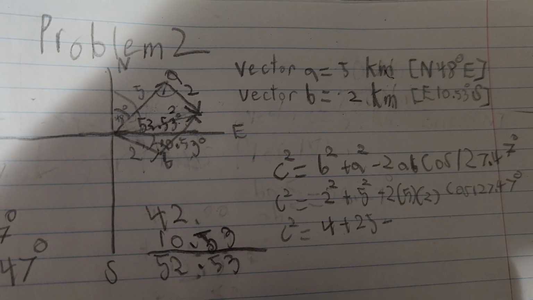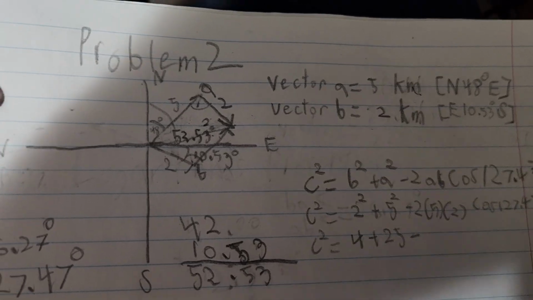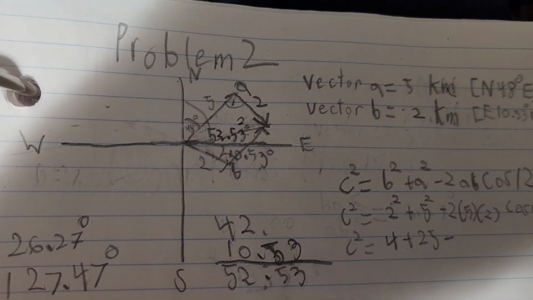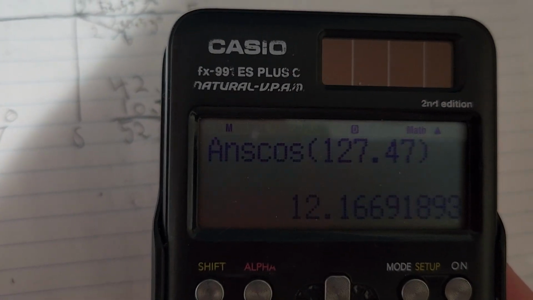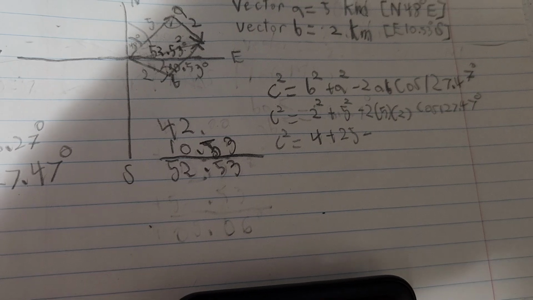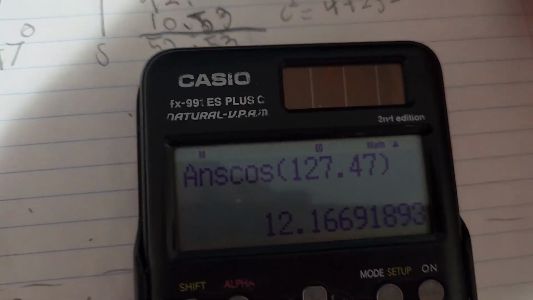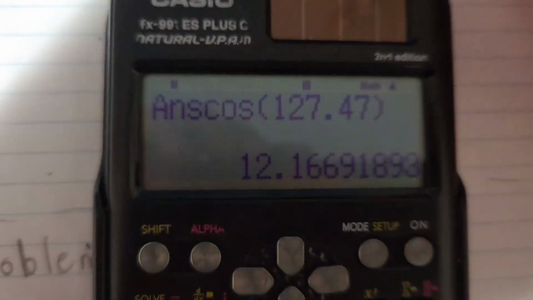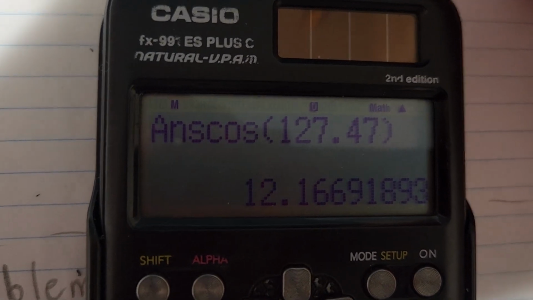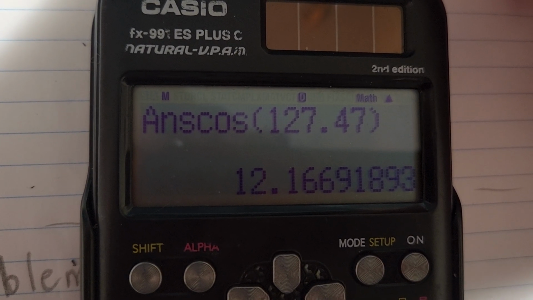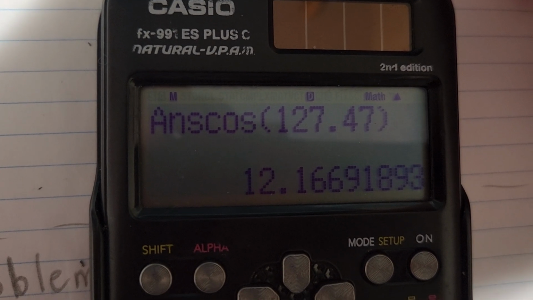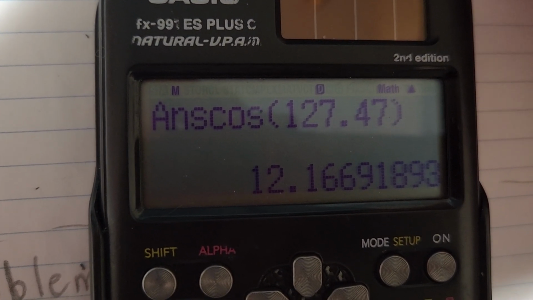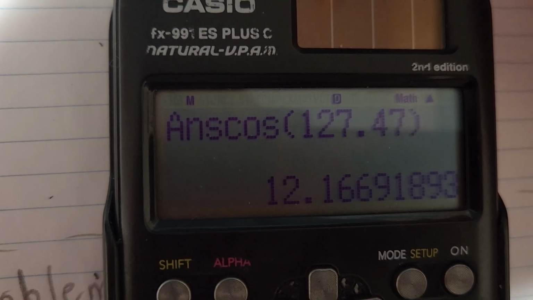Cos 127.47. Very nice. I will press equals. That now equals a positive number, which means we get to change it. So which equals 12.39729. I'll say 12.17.